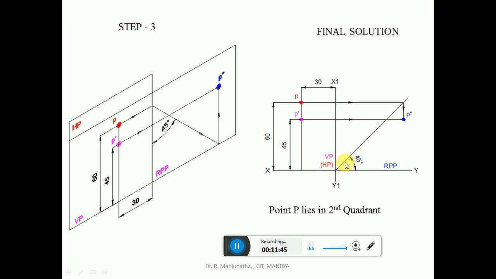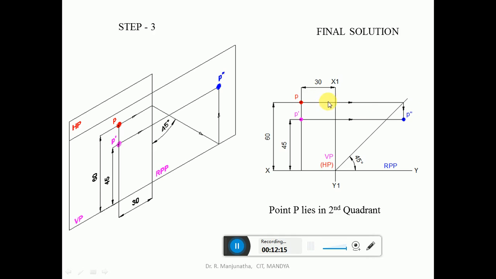So draw a 45-degree line from the origin adjacent to HP and draw a horizontal projector from P to the 45-degree line, so that the vertical distance of 60 is transferred into a horizontal distance of 60. Then from this point you draw a vertical projector down, and where this intersects the front view projector will be the point, which will be P double dash.